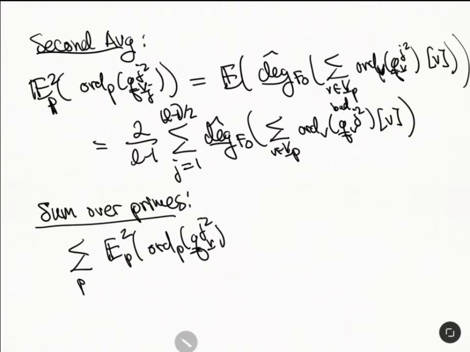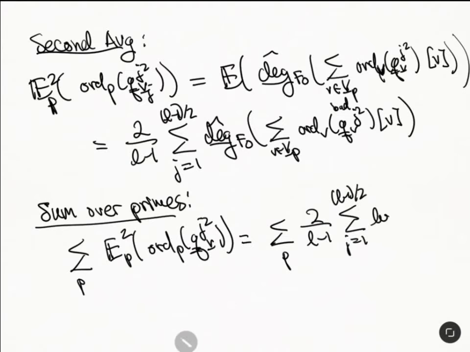And this becomes the sum over the primes. It's going to be the 2 over l minus 1 sum of j equal to 1 to l minus 1 over 2, and this thing is this degree here, F0, of the same object above. And so you can bring this in.